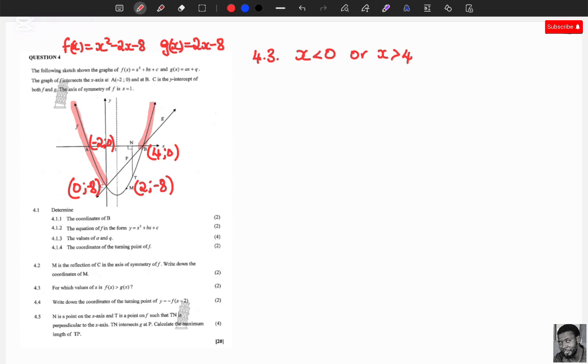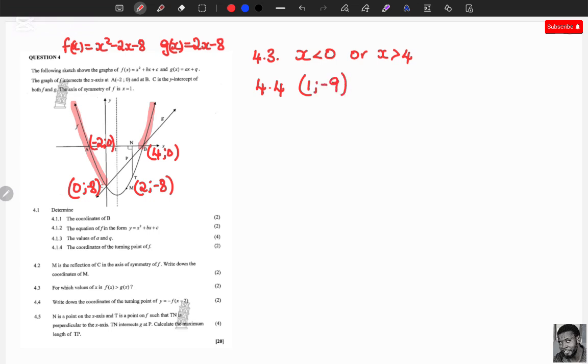4.4, we need to write down the coordinates of the turning point, if the graph is shifted 2 units to the right, and reflected about the x-axis. The turning point that we had was 1 and -9.